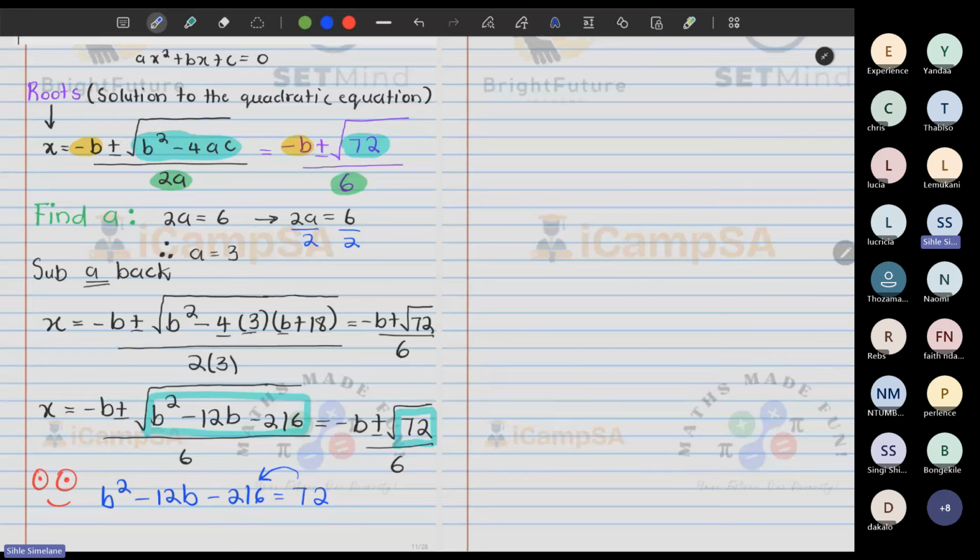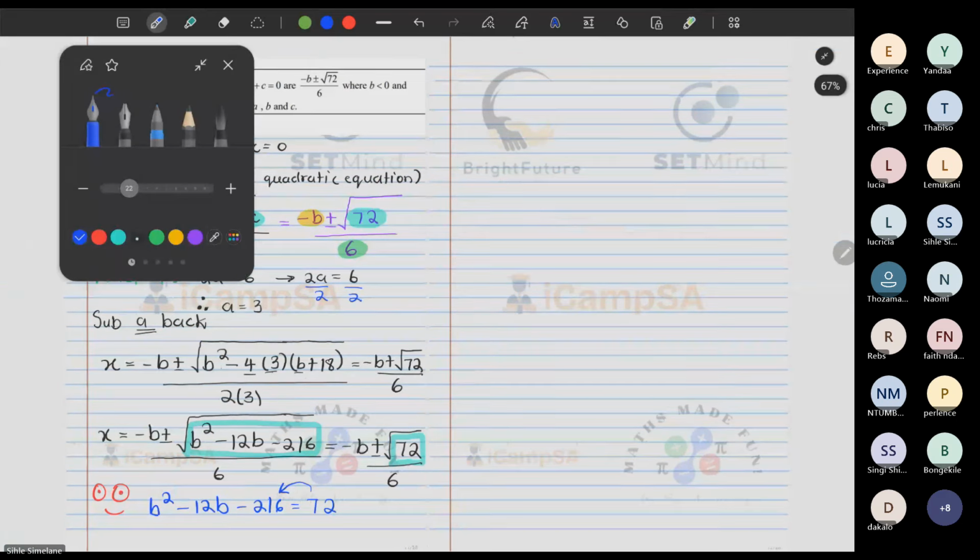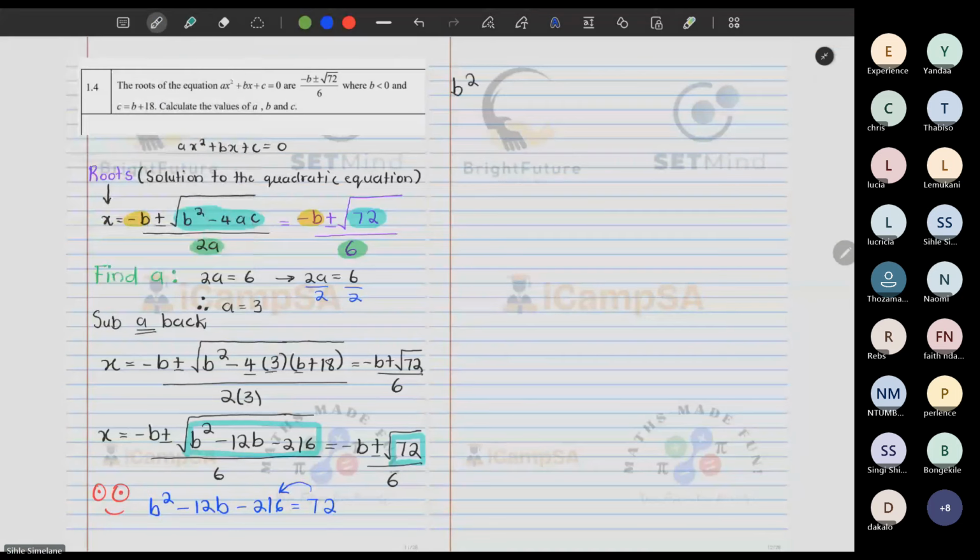So let's transpose, guys. When we take the 72 to the other side, we get b squared minus 12b minus what? Minus 288 equals 0.